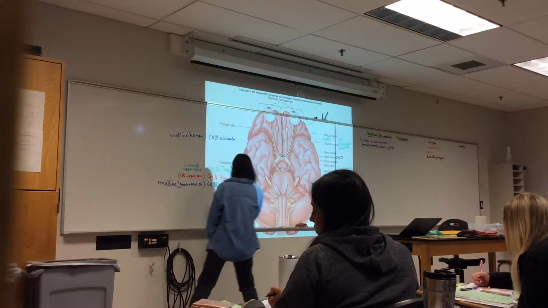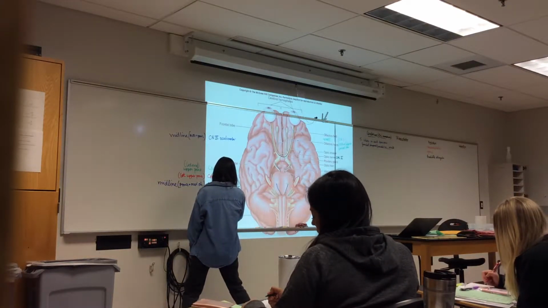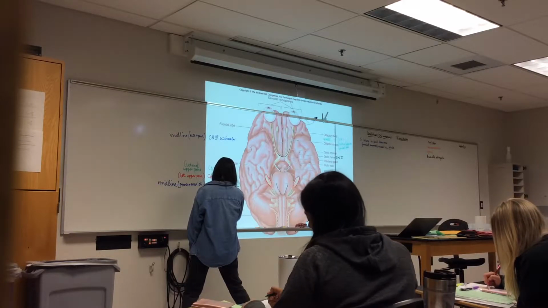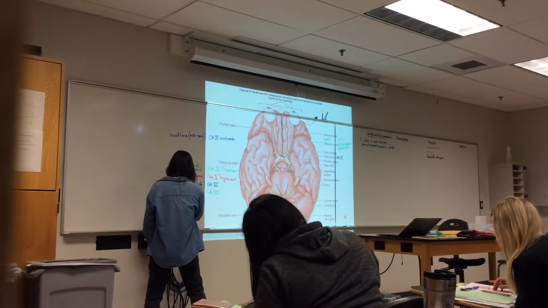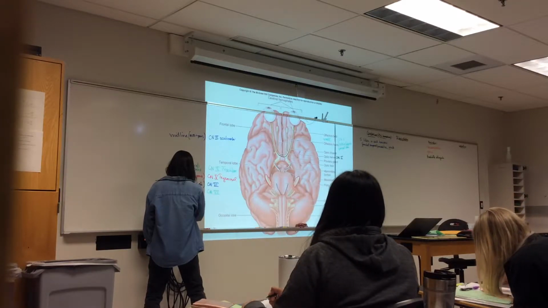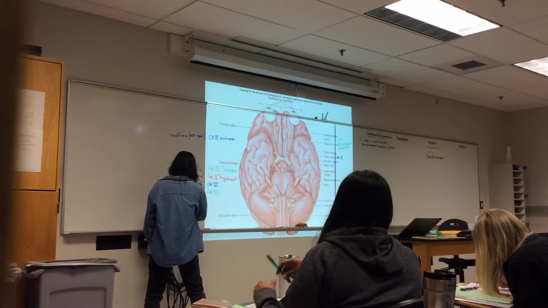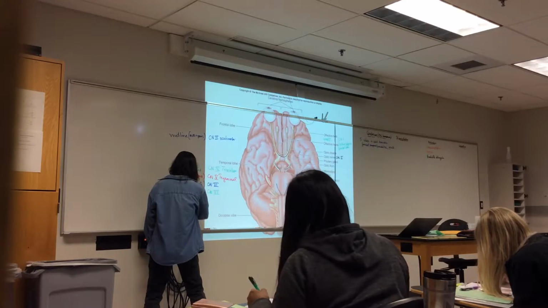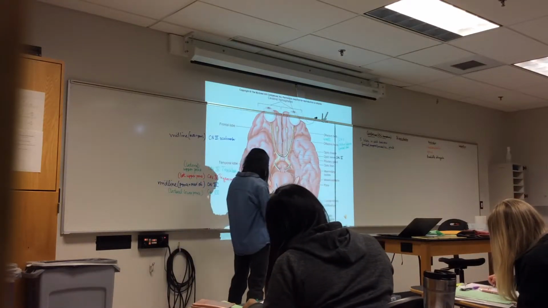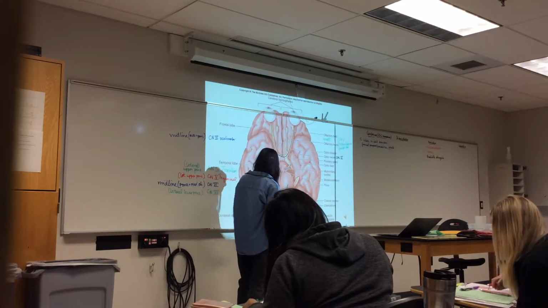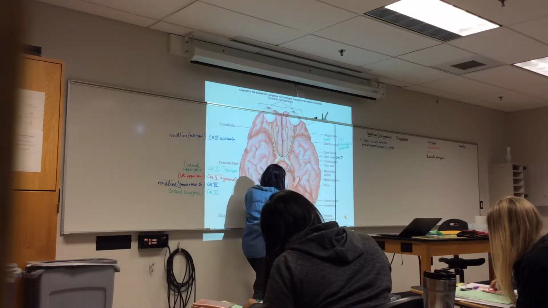Cranial nerve 7. Same deal. Lateral, lower pons. Cranial nerve 7. Then 8, even more lateral.